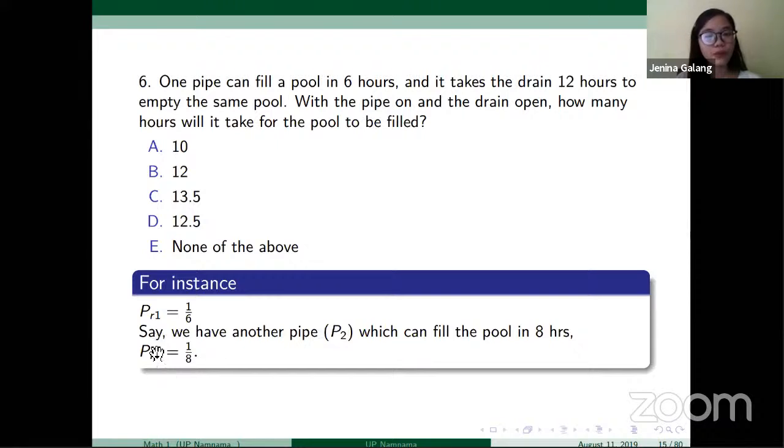So for pipe 2, for instance, 4 hours na yung nakalipas, ibig sabihin, kalahati na ng pool yung napupuno niya.